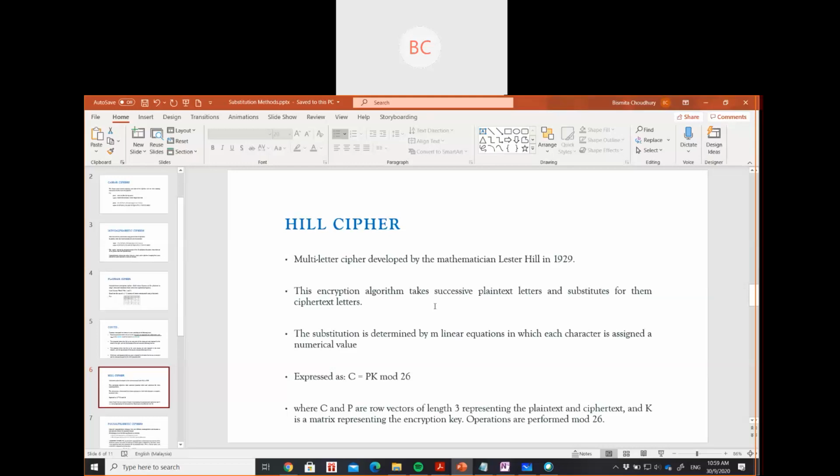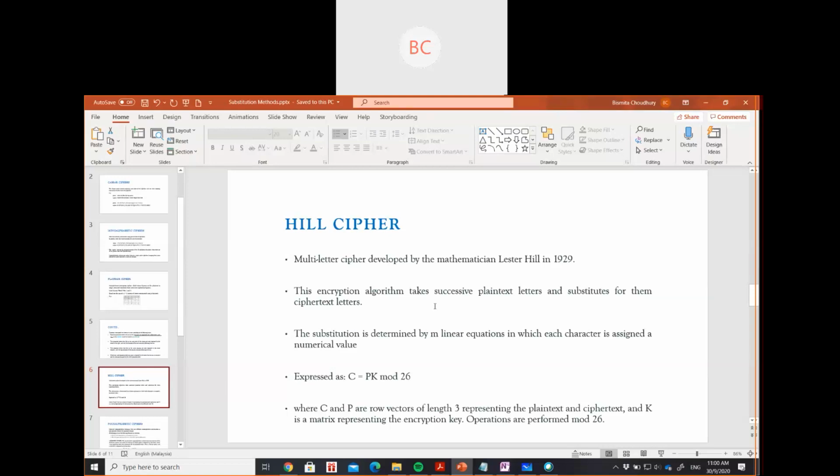Your Playfair one was a multi-letter cipher too. In case of Playfair, they use combinations of two letters. So here it can be different. So it's also a multi-letter cipher. It's mainly based on linear algebra. So if you want to use Hill cipher, you have to make sure you are good at matrix algebra, mainly based on matrix things. Okay.